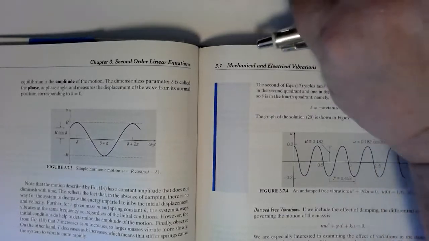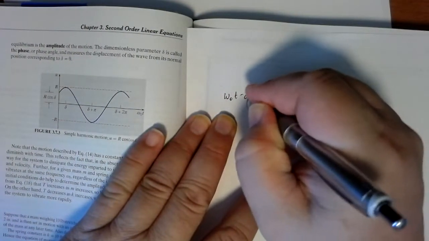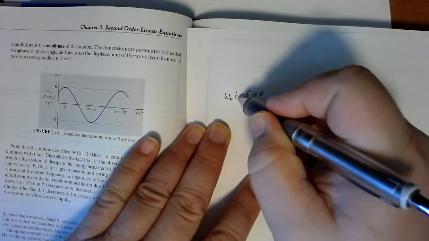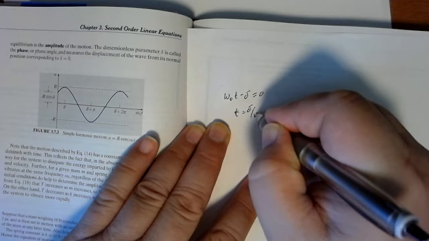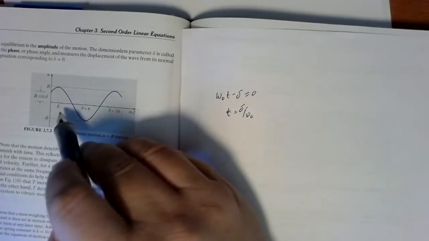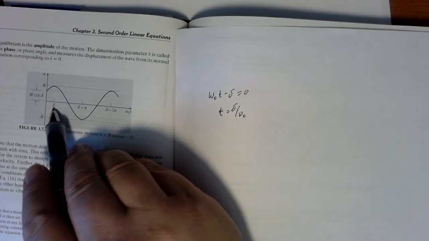So I just wanted to mention, let's get a piece of paper here. If you set omega naught t minus delta equal to 0, your t is going to be not equal to delta, but delta over omega naught, right? And so this position right here should be delta over omega naught.